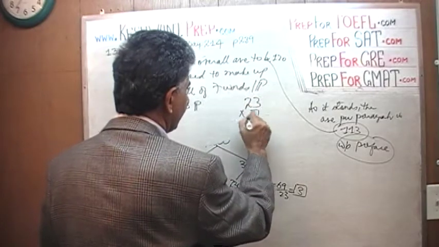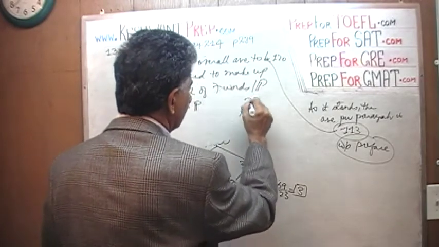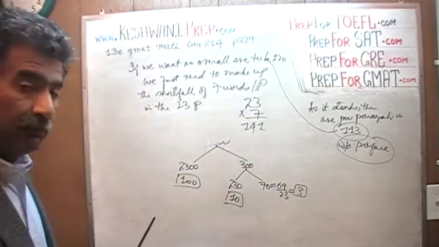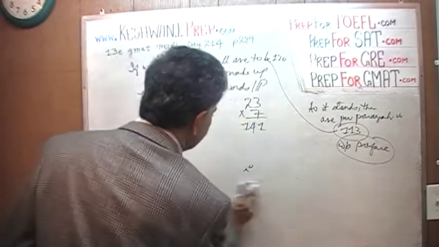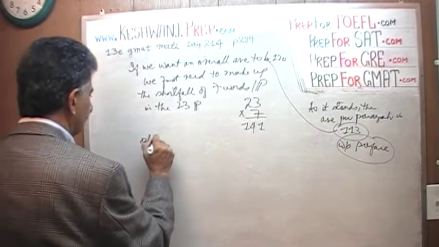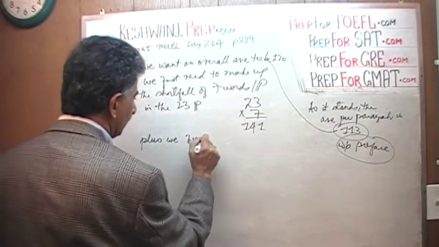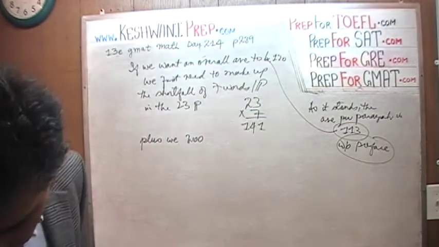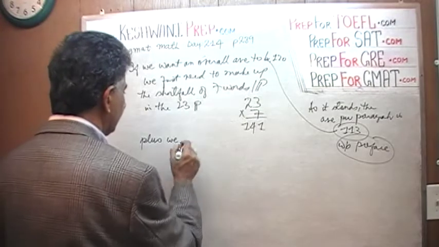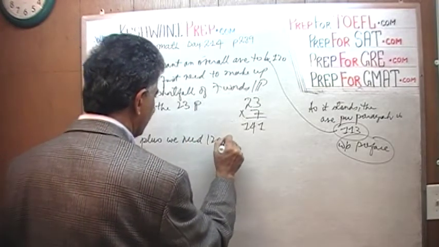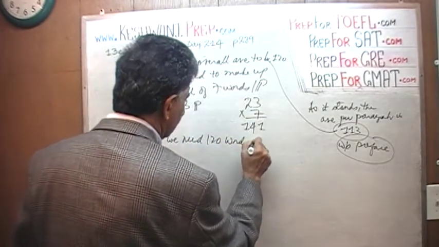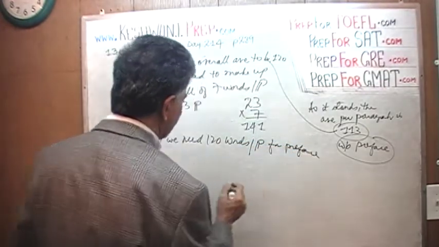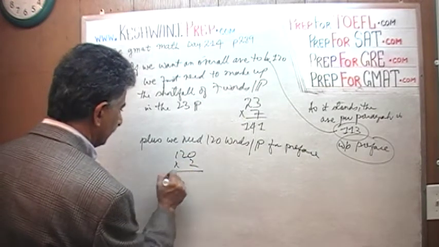23 times 7 is 161. Plus we need 120 words per paragraph for the preface. 120 times 2 is 240.